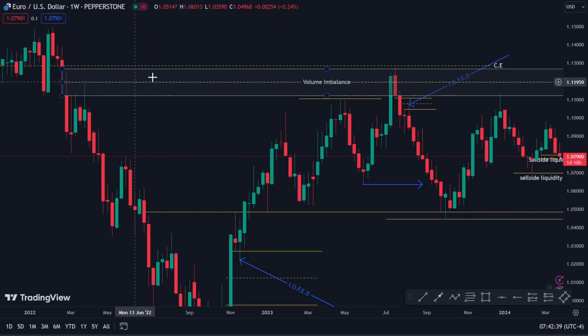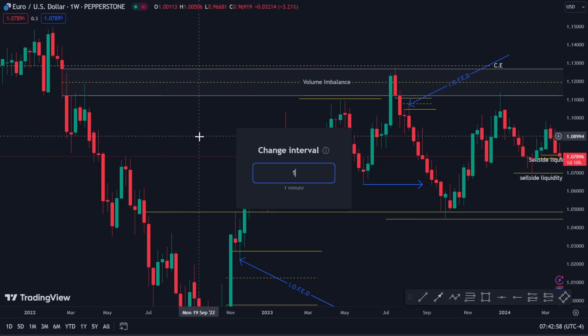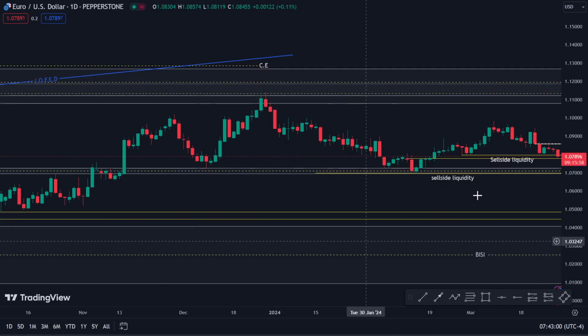Look at what happened. It acted as a very sensitive price reaction point, and price reversed the very moment it hit slightly out of it. And this very same price signature is what we have here on the daily.